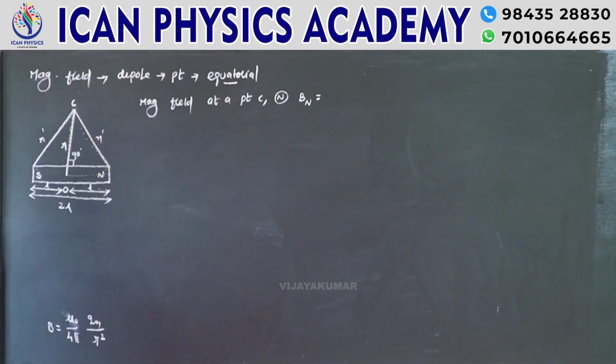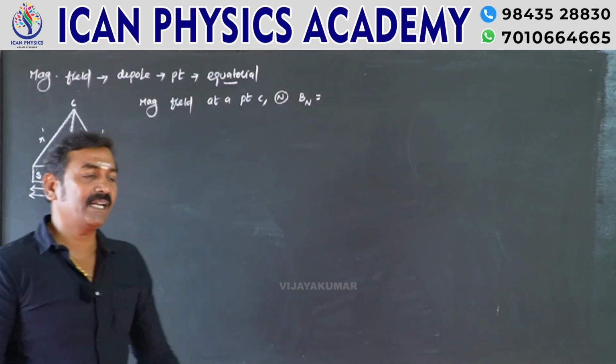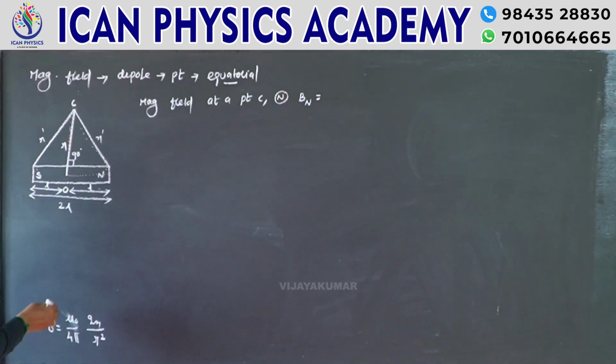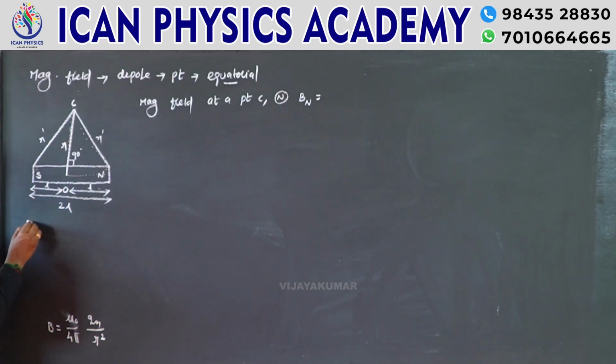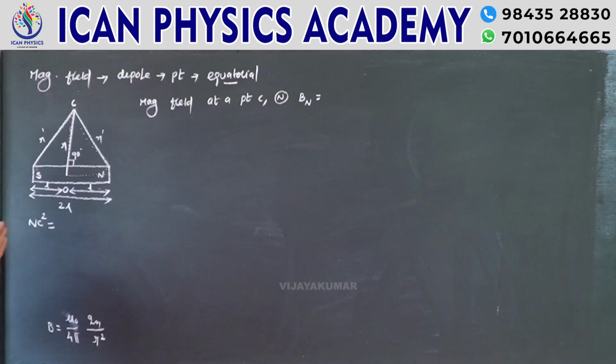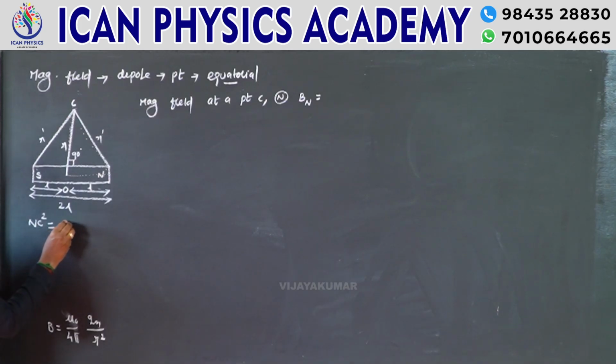ஆங்கிள் ட்ரையாங்கிள் மாதிரி இருக்கு. ரைட் ஆங்கிள் ட்ரையாங்கிள்ல பை யூசிங் பிதாகரஸ் தியரம், ஹைபாட்டனஸ் ஸ்கொயர், அதாவது NC ஸ்கொயர் ஈக்குவல் டு சம் ஆஃப் ஸ்கொயர் ஆஃப் அதர் டூ சைட்ஸ், அதாவது OC ஸ்கொயர் பிளஸ் ON ஸ்கொயர்.